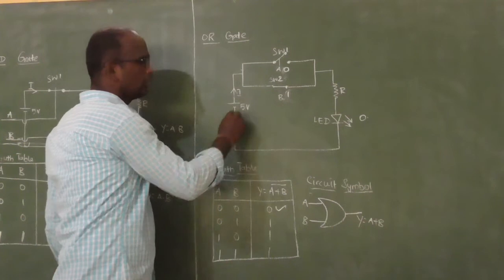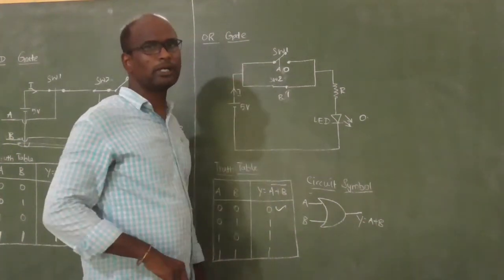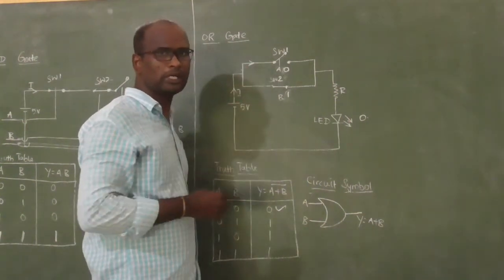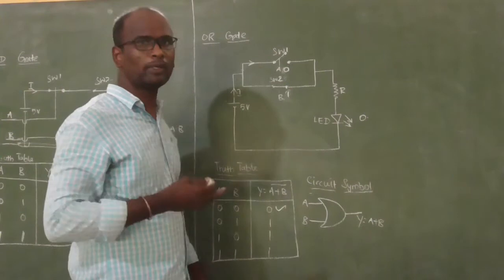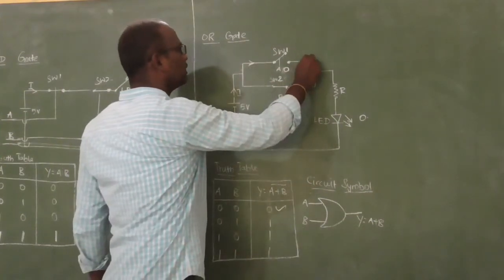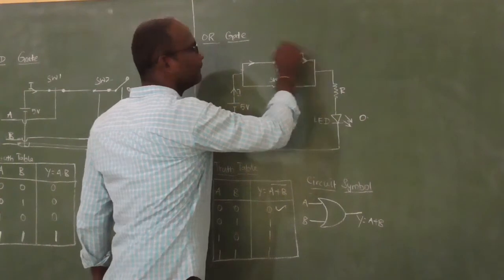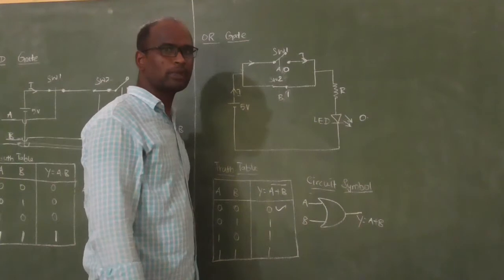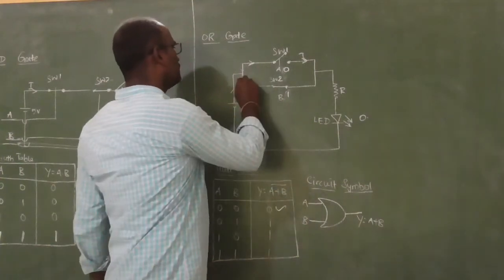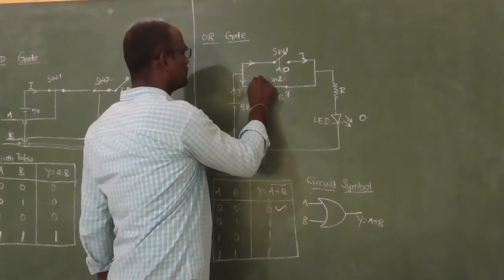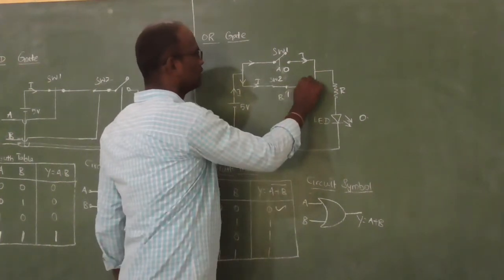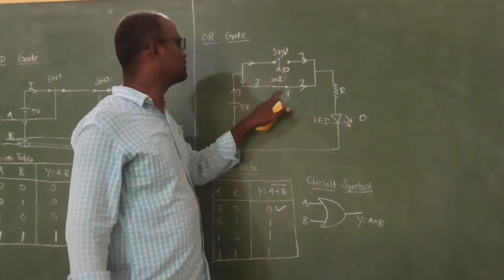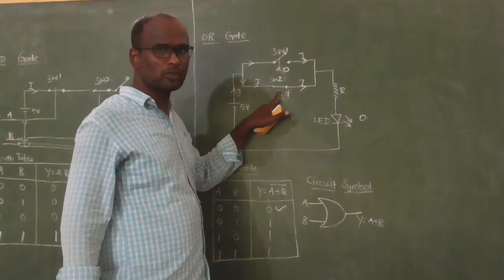Since we are applying the 5 volt battery, the current will enter into the parallel path. In the switch 1 path, since the switch 1 is in open condition, the current will not go to the output. But since the switch 2 is closed because B is applied logic 1, the current will go to the output through this path. Even though the switch 1 is in open condition, switch 2 is in on condition, that is closed condition.